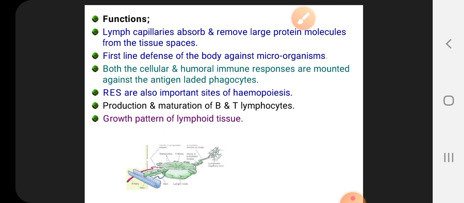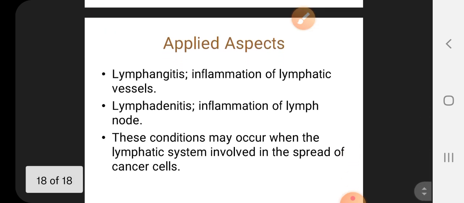The reticuloendothelial system is also an important site of hemopoiesis. Also, it helps in production and maturation of B and T lymphocytes. It also helps in the growth pattern of lymphoid tissue. These are the functions of the lymph node.